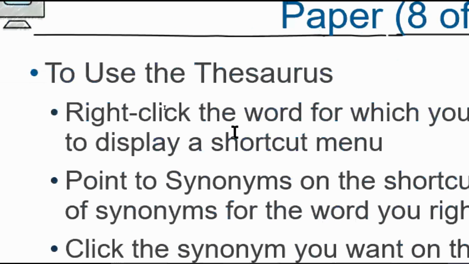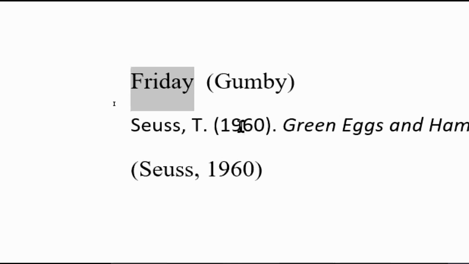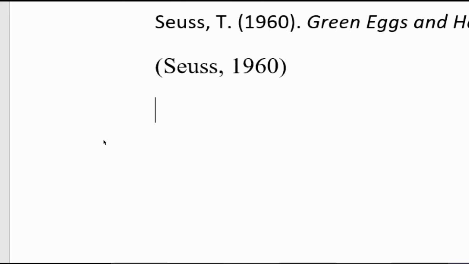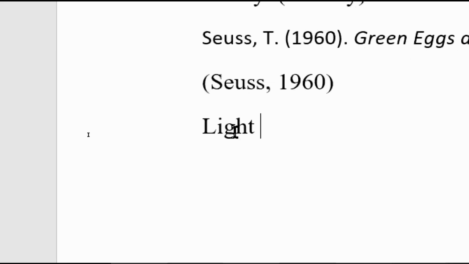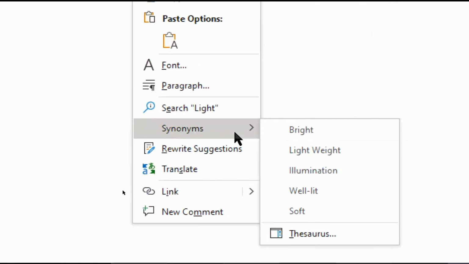Using the Thesaurus, this is a very fiddly tool. You're probably better off going to a Thesaurus website than you are actually using the Microsoft Word Thesaurus, and I'll show you why. So say we enter the word light. We right-click on it, and we want to find some synonyms.